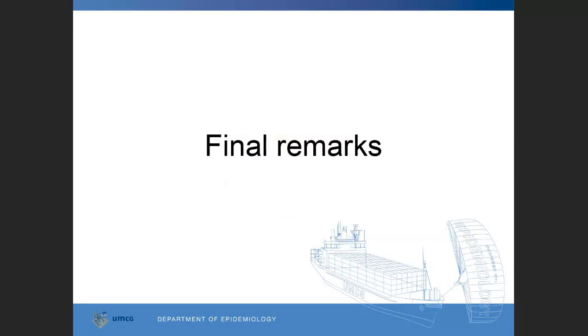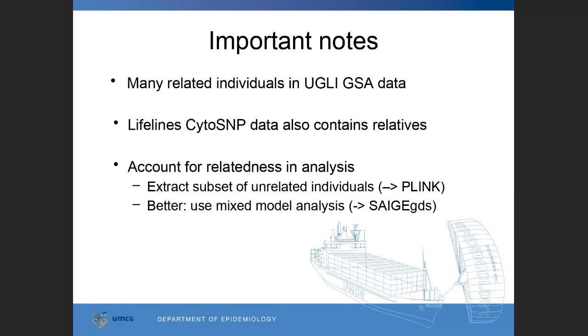I would like to go to my roundup and have some final remarks and important notes. It is important to note, as mentioned already a couple of times, that within the Lifelines GSA data there are many related individuals, and also within the CytoSNP data there are relatives. So you have to account for these relationships within your analysis.